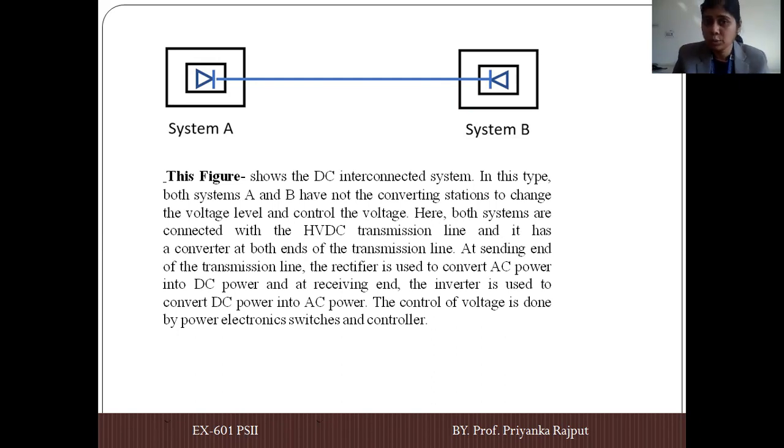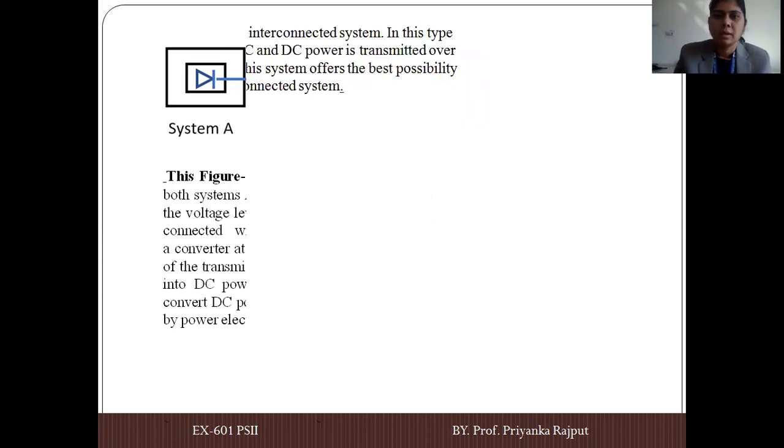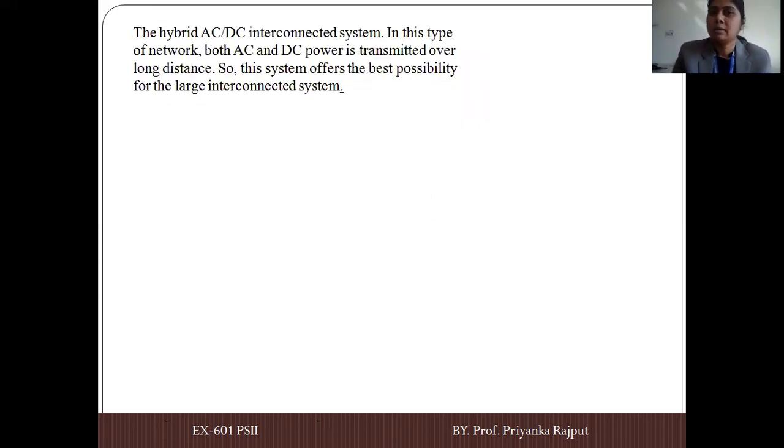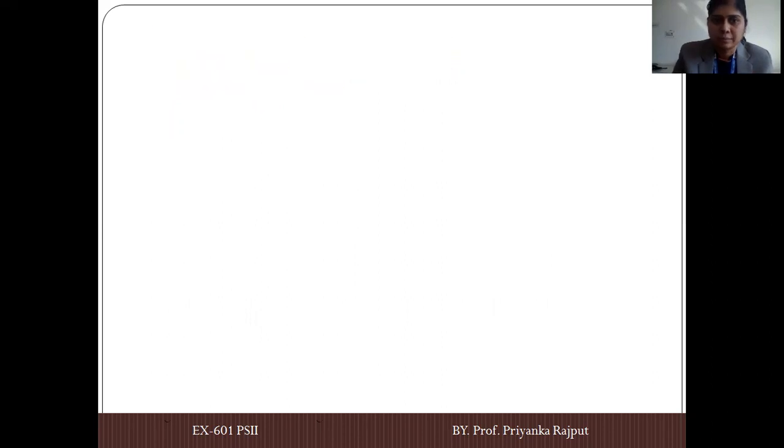At the sending end, a rectifier is used for converting AC to DC power, and at the receiving side, we use an inverter which converts DC to AC. So the control of voltage is done by power electronic switches and controllers. And in the hybrid type, AC and DC are both connected.